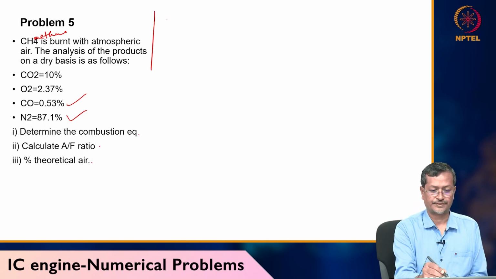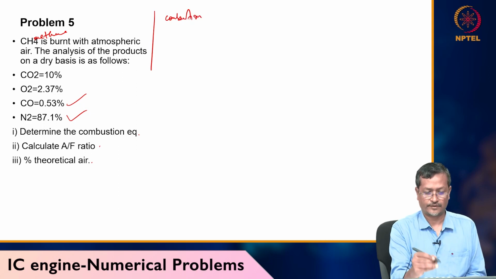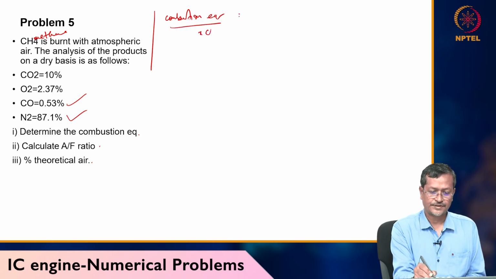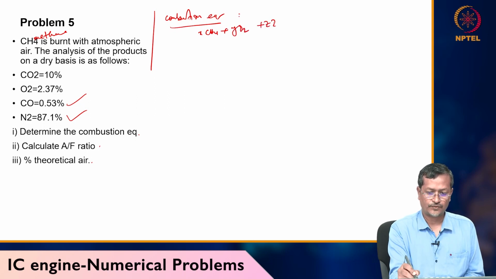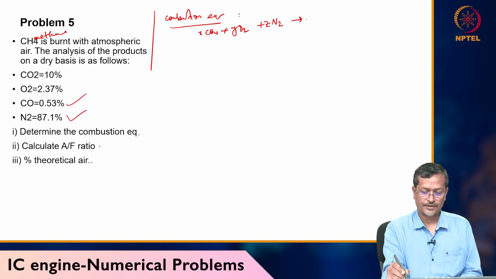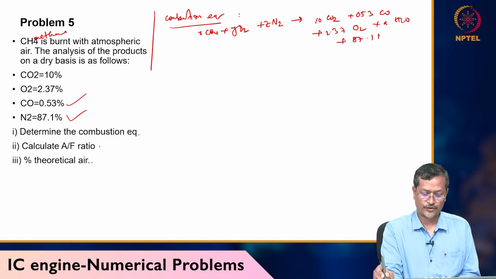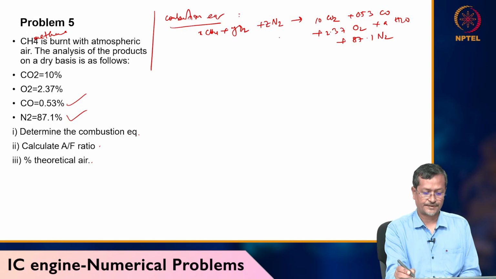First you have to establish the combustion equation: X CH4 plus Y O2 plus Z N2, how much nitrogen we do not know yet, gives 10 CO2 plus 0.53 CO plus 2.37 O2 plus A H2O plus 87.1 N2. This is on a dry basis.